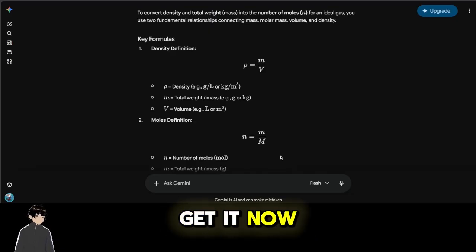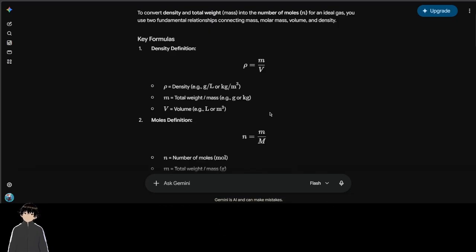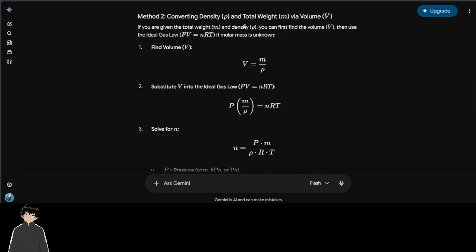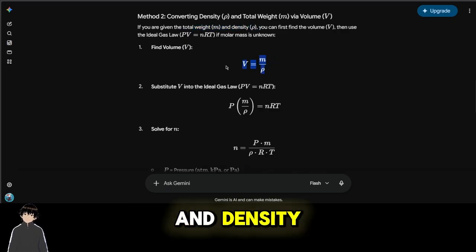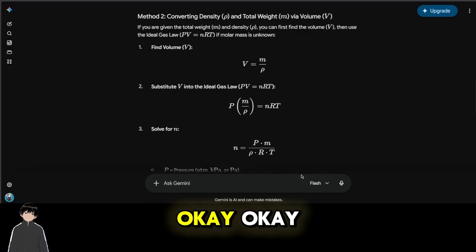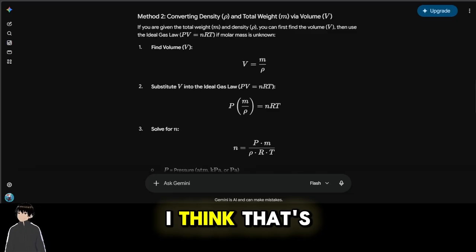I think I get it now. Density is just mass over V, so if we're given the total weight and density, you can find the volume. I think that's about it.